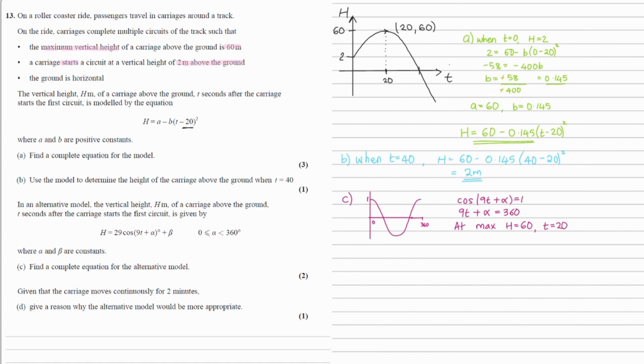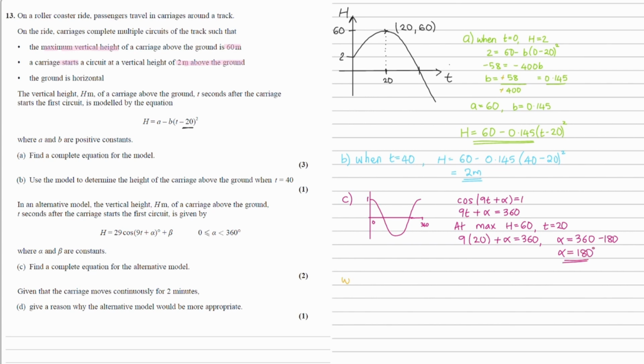And using this, we can now substitute t as 20 to find α. And this would be 180 + α is equal to 360, which means to get α, we would have to do 360 take away 180. Therefore, α is equal to 180.